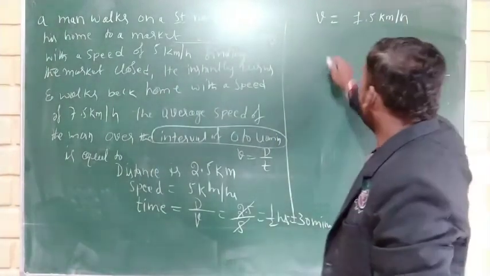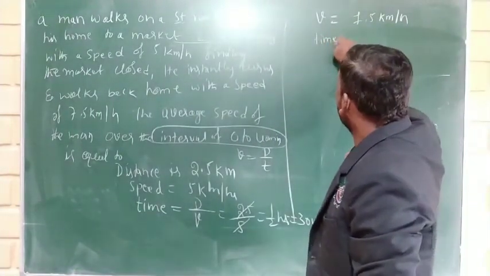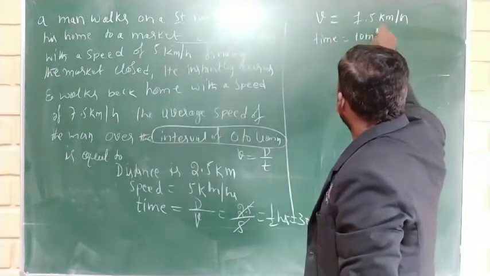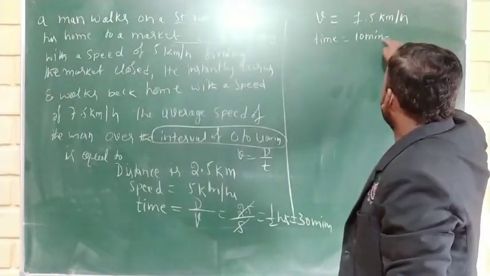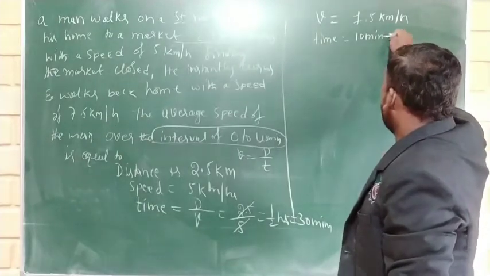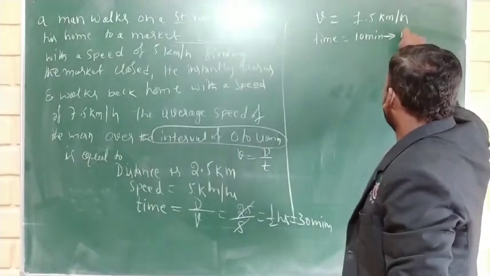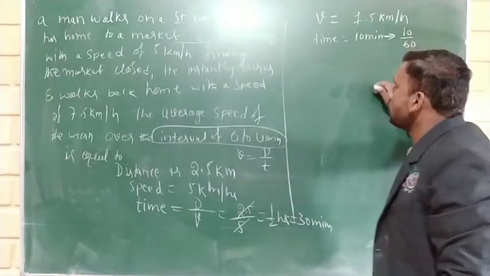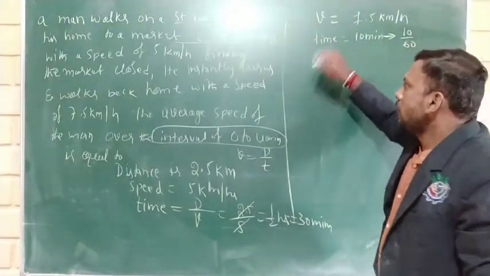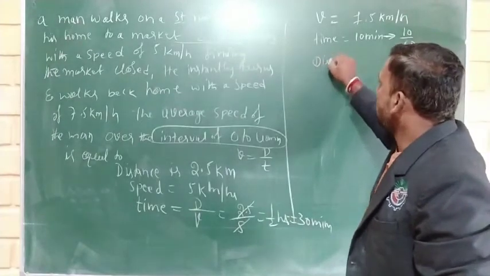Remaining time is 10 minutes. We have to convert it into hours, therefore 10 divided by 60.